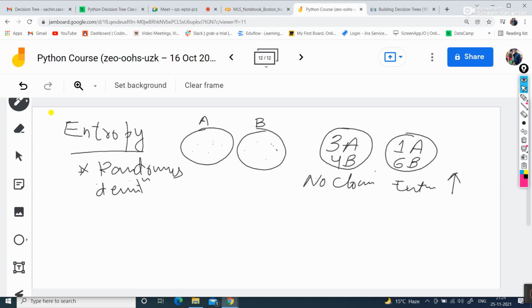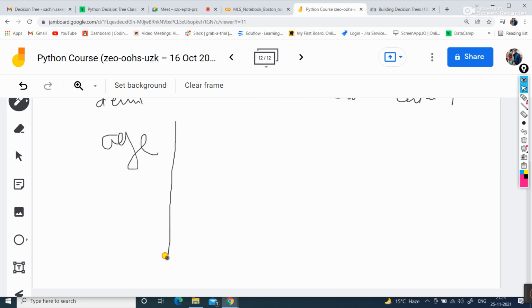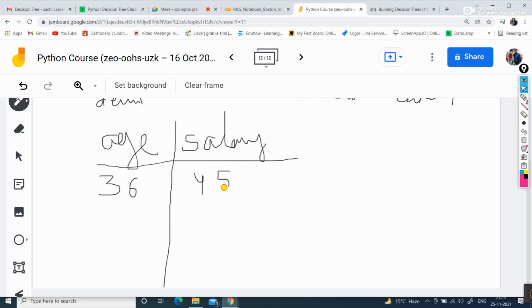Suppose I'm going to scroll down a little bit. Suppose I am having a table with ages and then any other feature like salary. So age is, suppose, 36 and salary is $45.